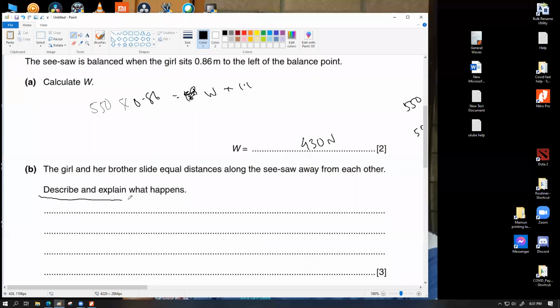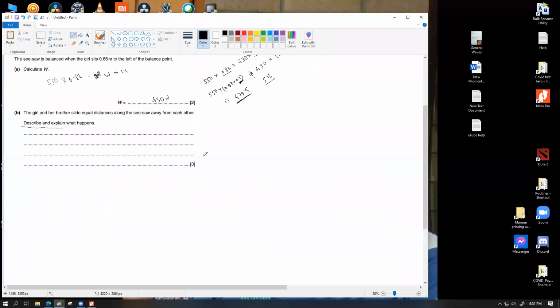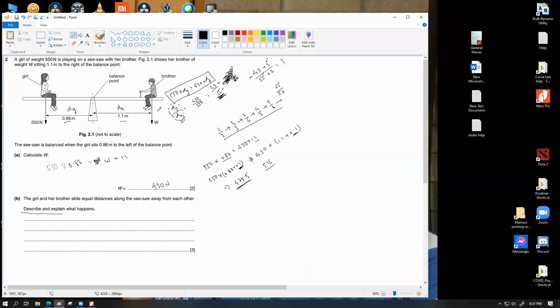I'm going to start this way. After they move, both the anti-clockwise moment from the girl, I will look at the figure, and the clockwise moment from the boy increase. But the clockwise moment from the boy becomes larger compared to the anti-clockwise moment from the girl.